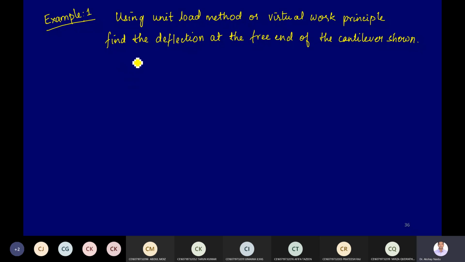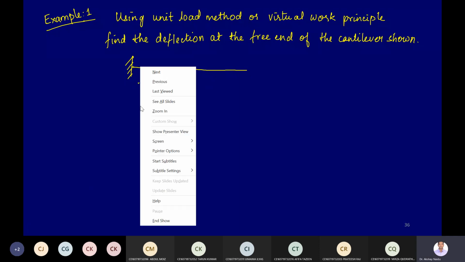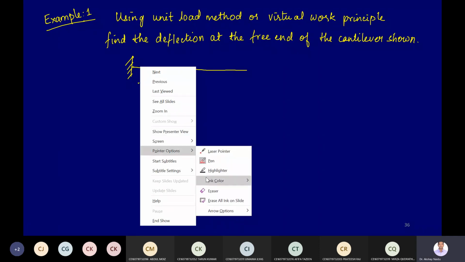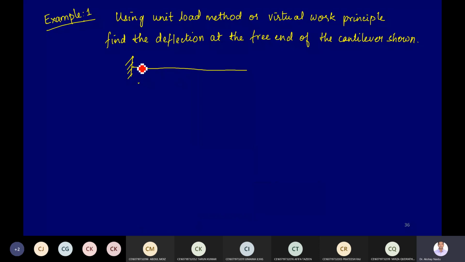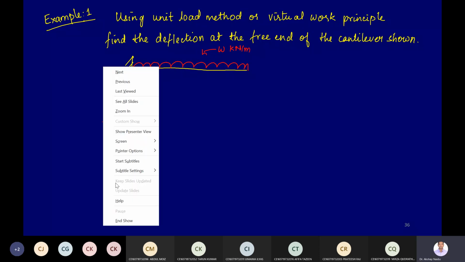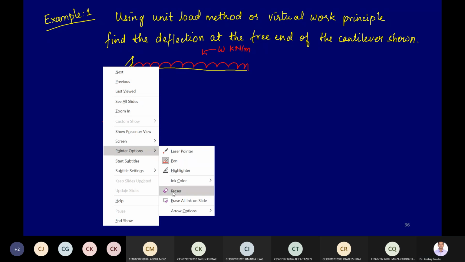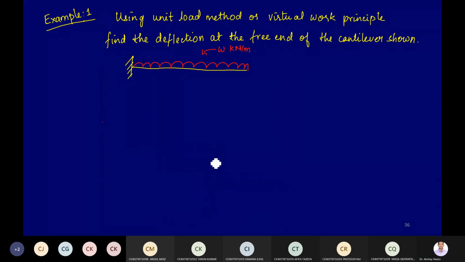So let this cantilever have a UDL. Now for this cantilever, we know what the deflection at B, delta, is.